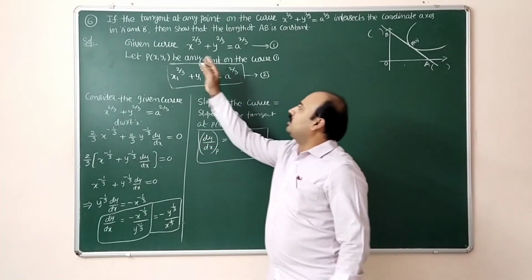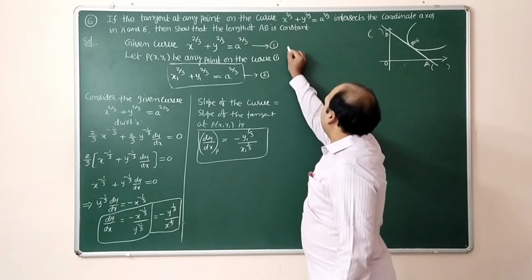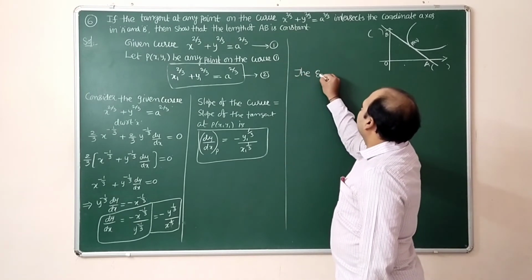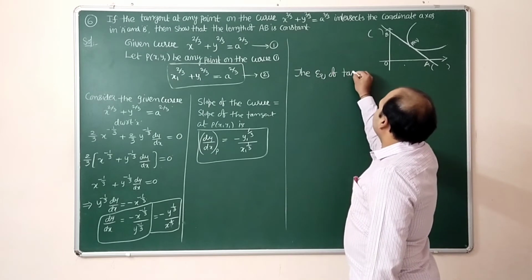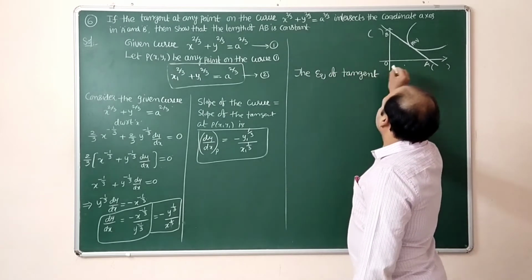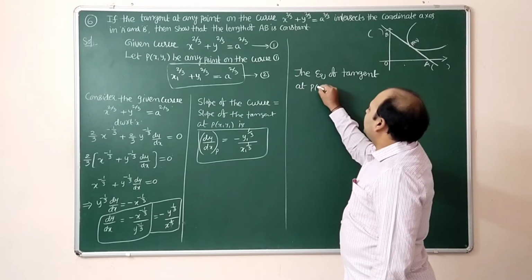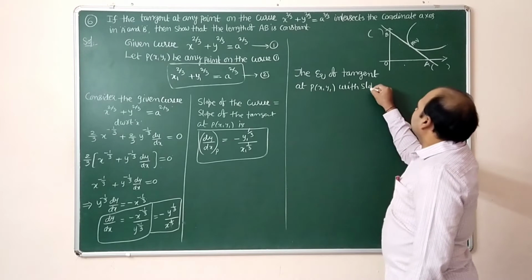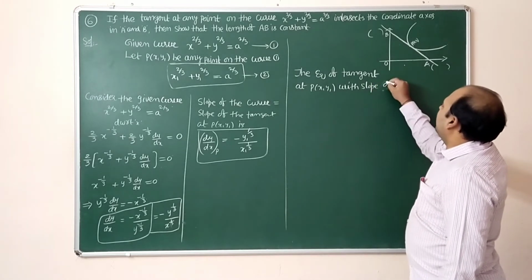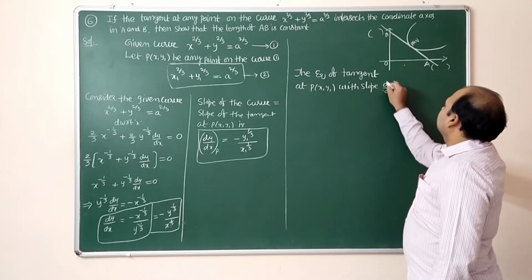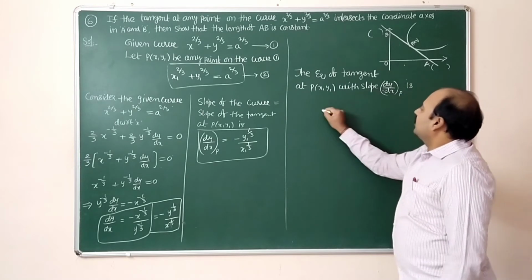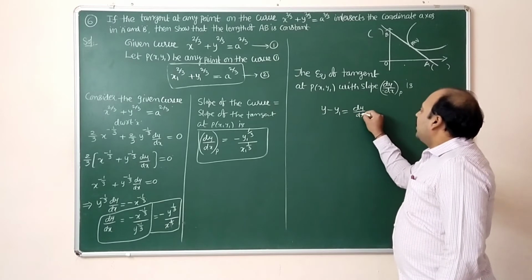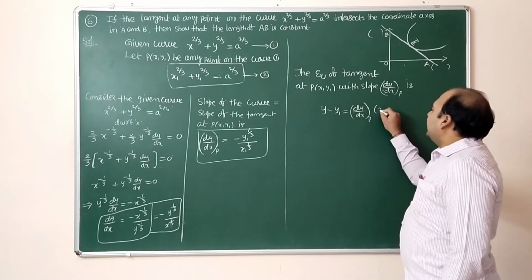Slope we know that, point also we know that. Equation of tangent we can calculate. The equation of tangent at P of x1 y1 with slope dy by dx is, right formula, y minus y1 equal to dy by dx at P into x minus x1.